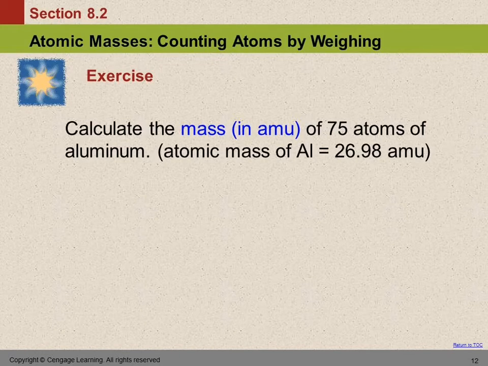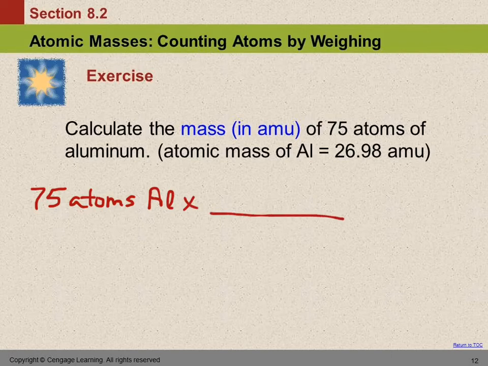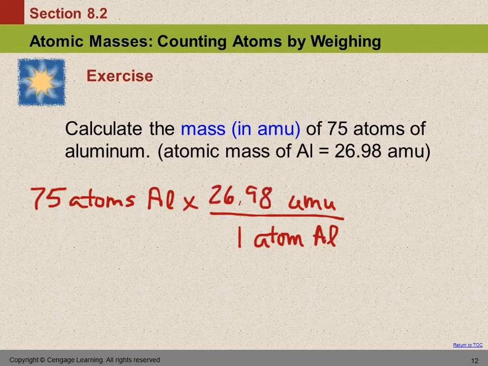So what we would do is take the number of atoms, 75 atoms of aluminum, and multiply by the mass of one atom, 26.98.